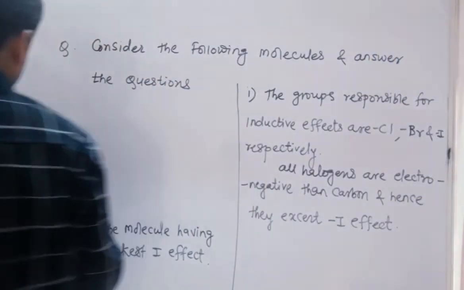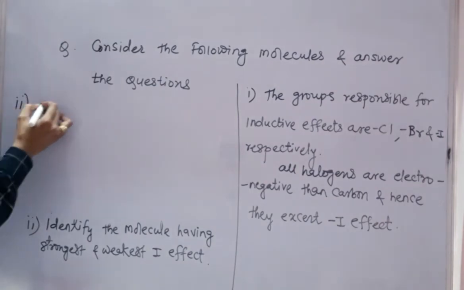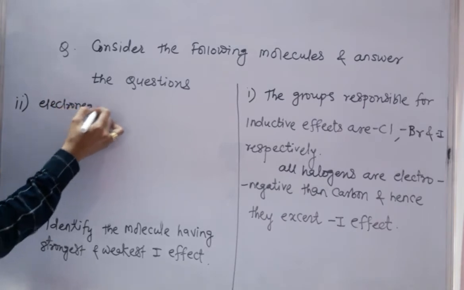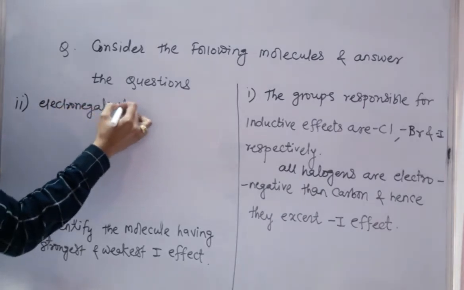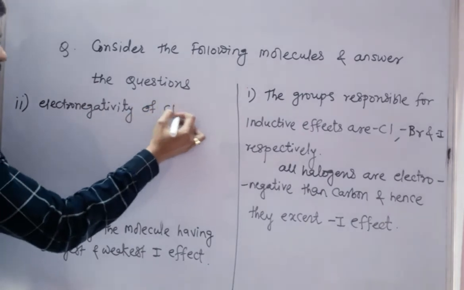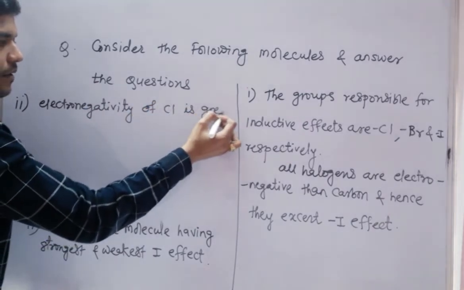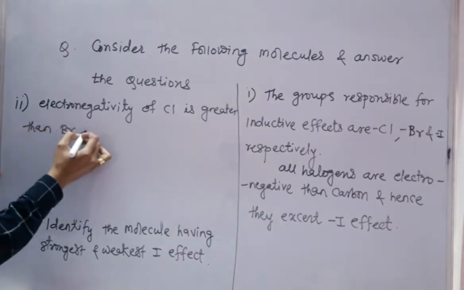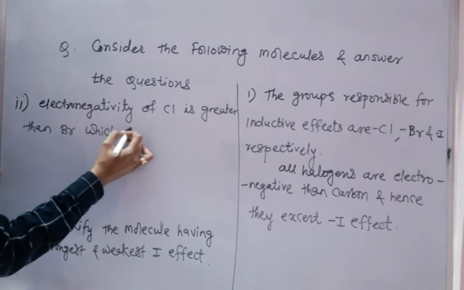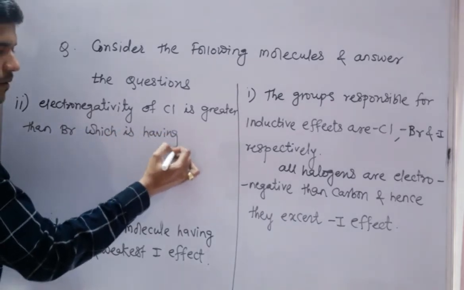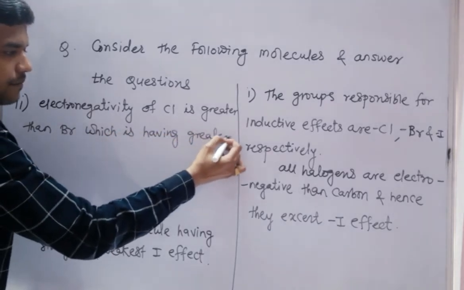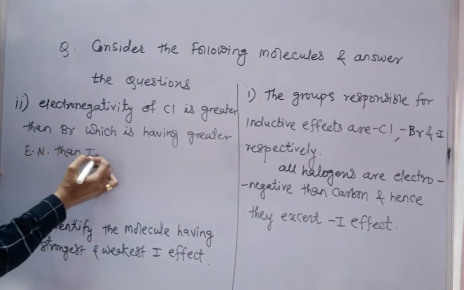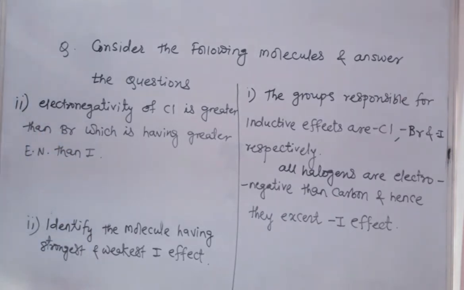So the answer of second: electronegativity of Cl is greater than Br, which is greater than I, iodine.